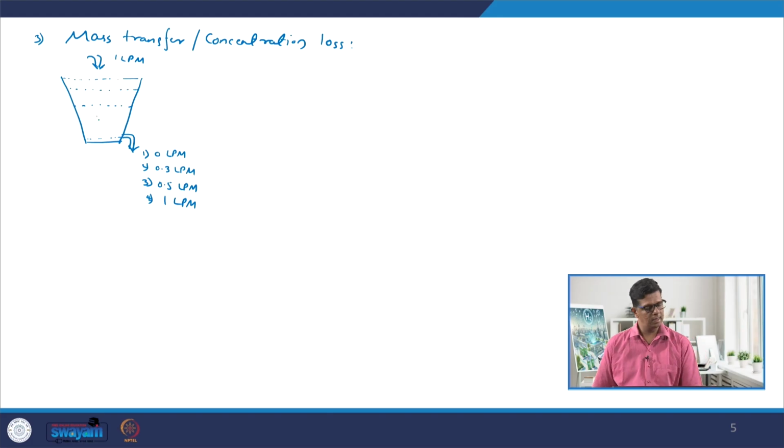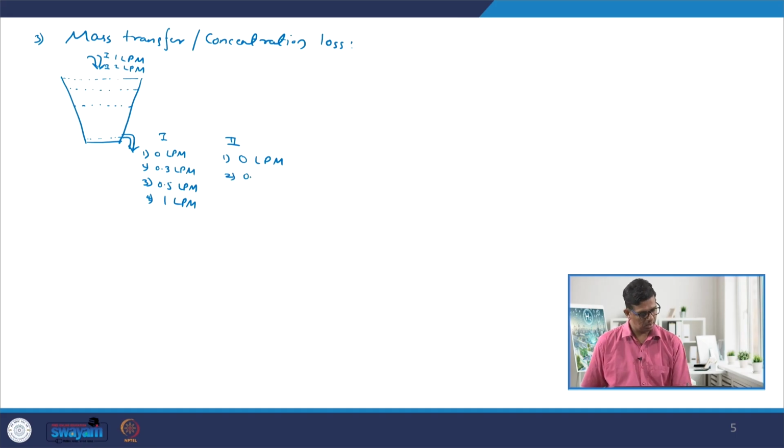This is the case when I am supplying a fixed quantity of liters. In order to overcome this problem, I again increase the water quantity that is being supplied to this bucket. This is my case number 1 and this is my second case, in which I will again repeat the same. Initially I do not draw any water from the bucket, so it will maintain its level and the bucket will be full all the time.